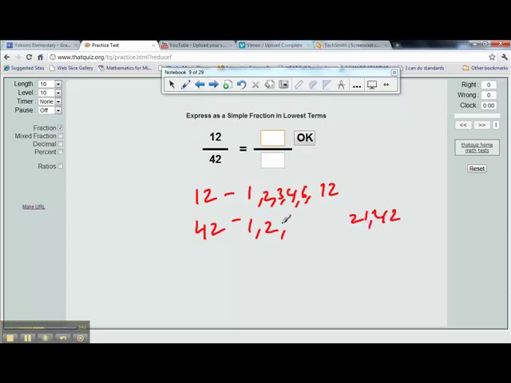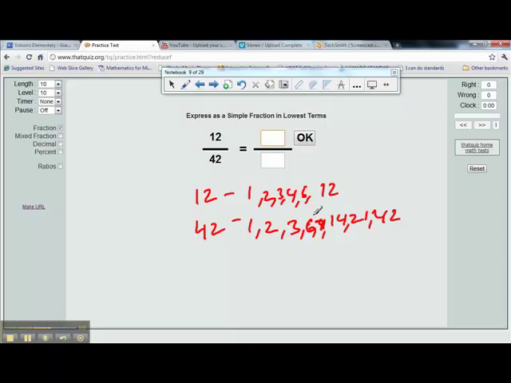Let's see, does 3 go in? Yes, 3 goes in. 3 times 14. How about 4? Does 4 go in? No, it goes into 40, but not 42. 5, it doesn't end in a 5 or a 0, so 5 doesn't go in. How about 6? Will 6 go in? 6 times 7 is 42.